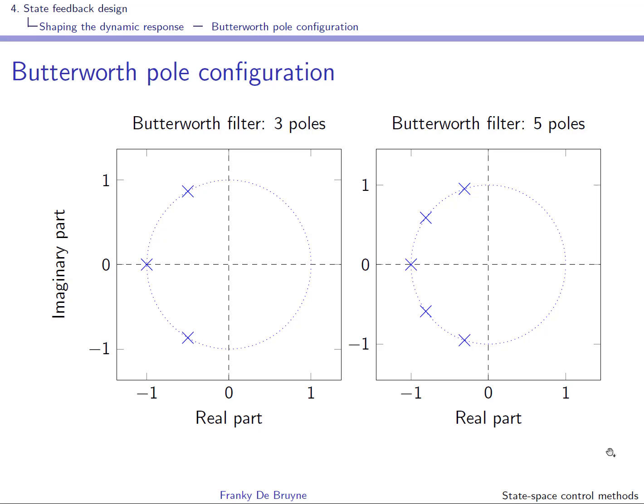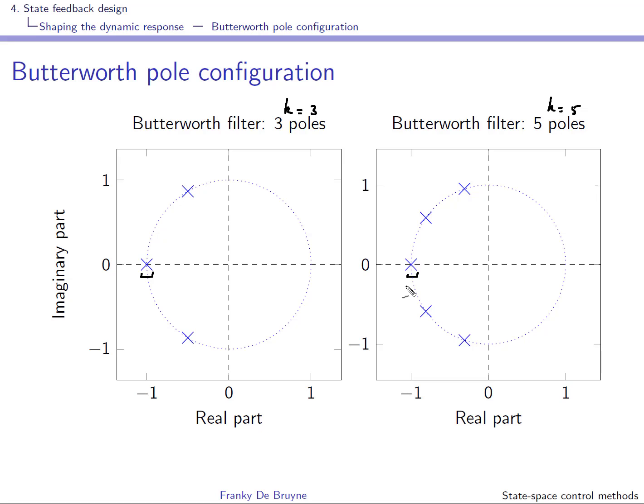In this slide we show the Butterworth pole configuration for k equal to 3 and k equal to 5. So in both cases k is odd, and you see that when k is odd you have the presence of one real pole. The other poles are complex conjugate.